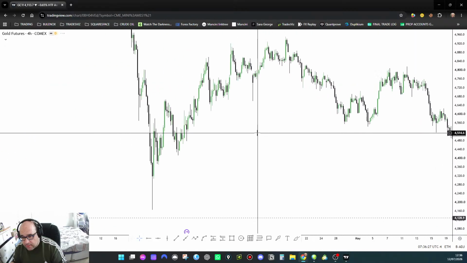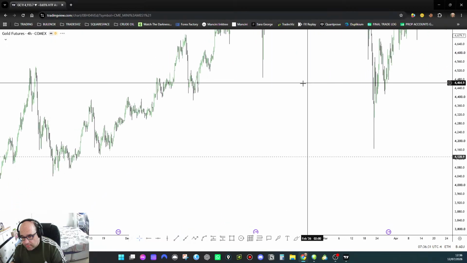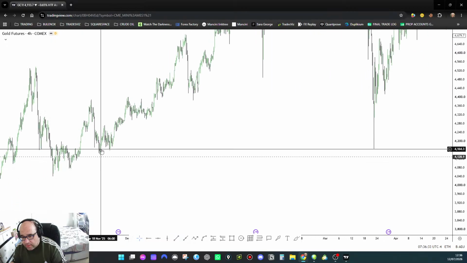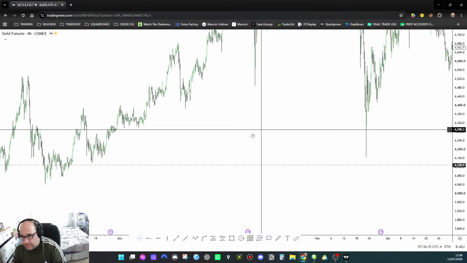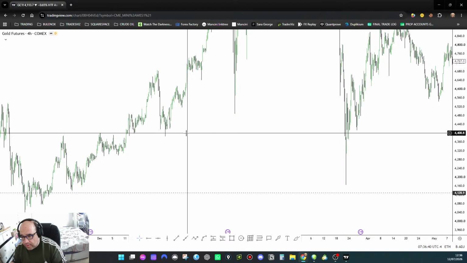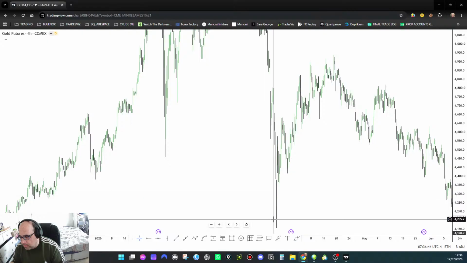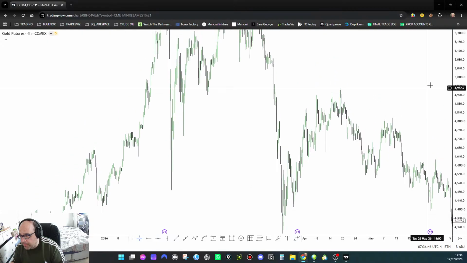Let's see between lows. Yeah, we see some lows here. It hasn't done a fail breakdown. Maybe it did a fail breakdown here. We did a bounce back, about I don't know how many points.